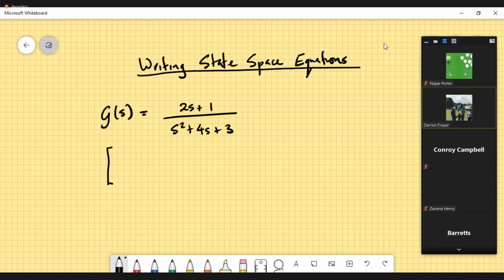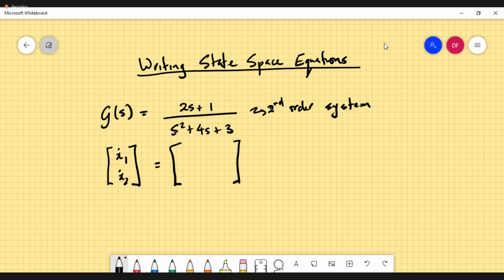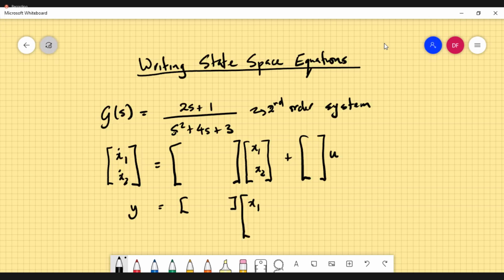It's an s squared, so that's a second order system. That means that is a 2 by 2 matrix.